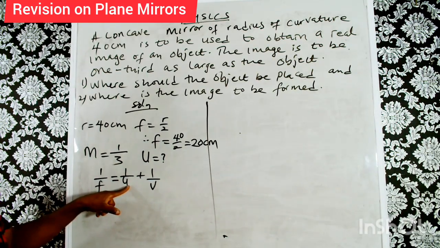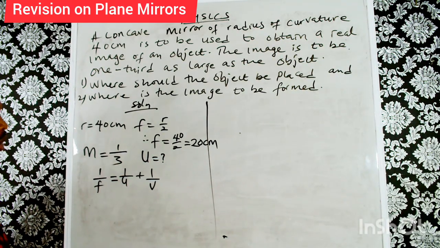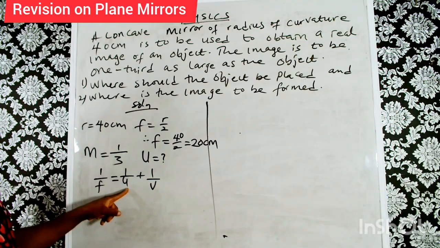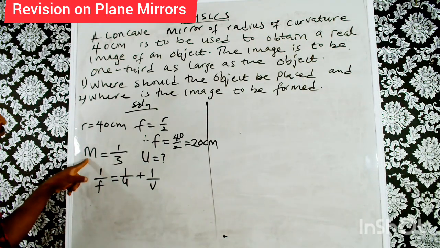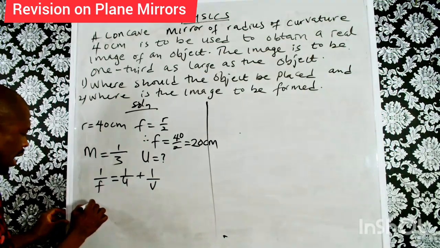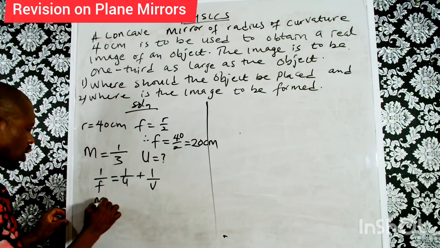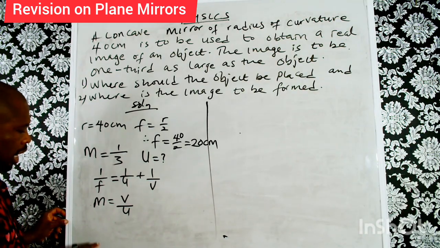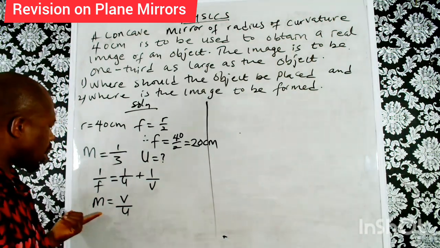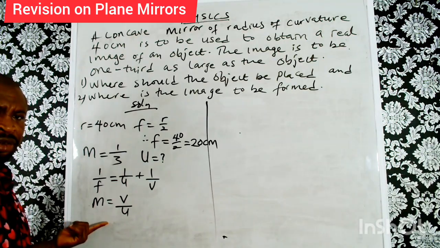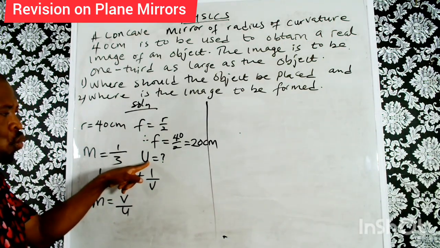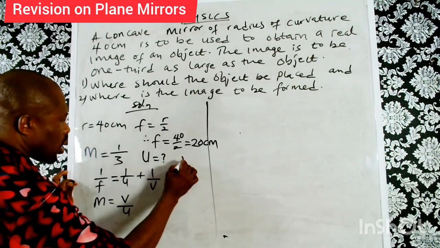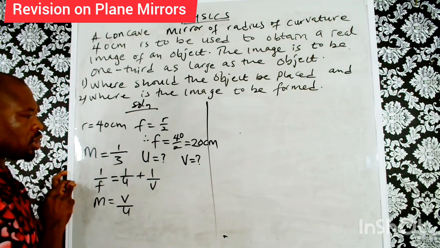For us to get our U, how can we get U from M? Remember that magnification is V all over U. Now, from the equation of magnification, since you are looking for U, there is no V for us to make use of this equation.